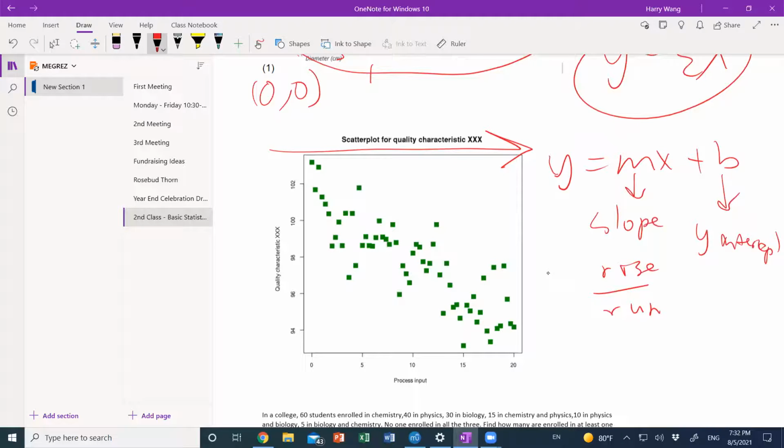The y-intercept is what the y value is when this line touches the y-axis. This is the y-axis. This is the x-axis. So the b, the y-intercept, is the value of y when your approximate line of best fit crosses the y-axis. That's just your y-intercept.